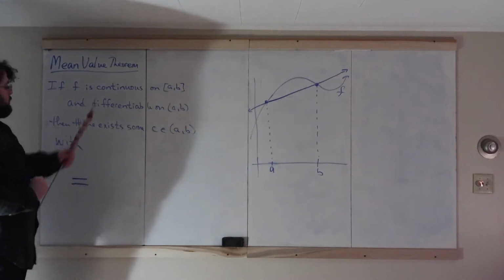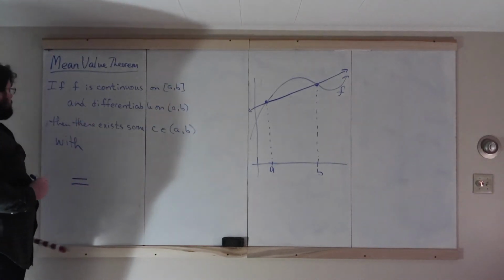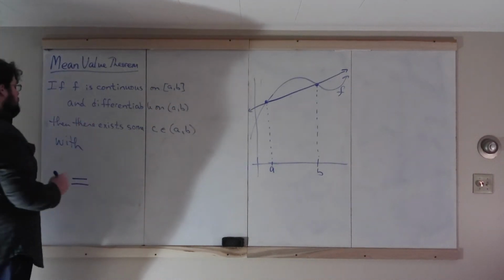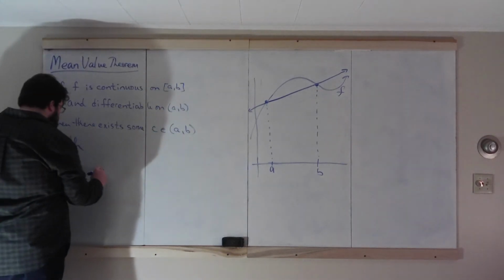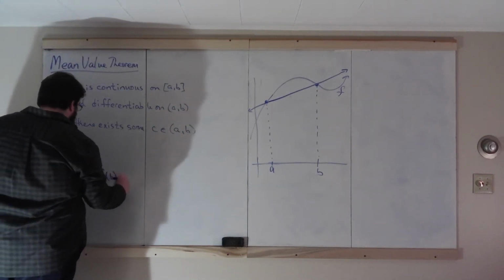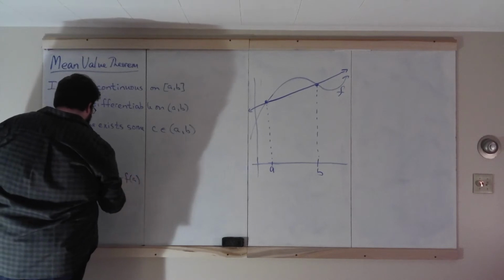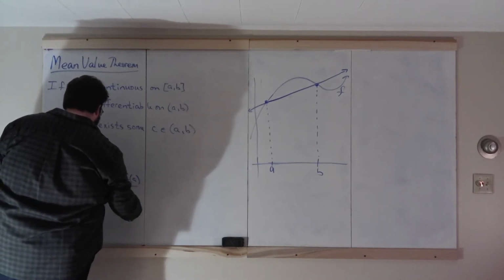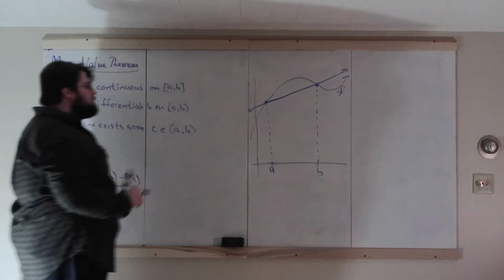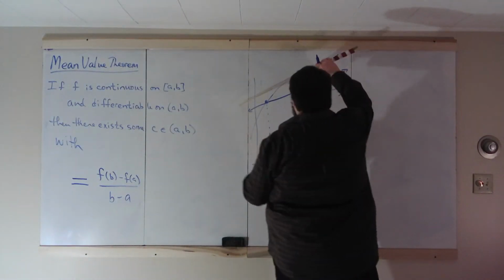And I'm going to put the slope of the line on the right side of the equal sign, and then the other thing involving c on the left. What is the slope of that line? Well, it's the change in y over the change in x. What is the slope of the parallel line?